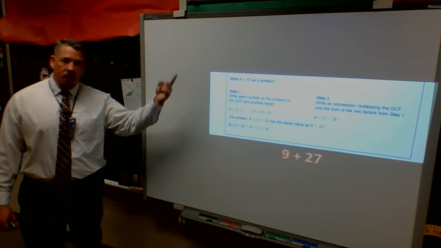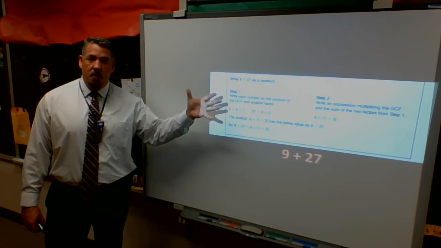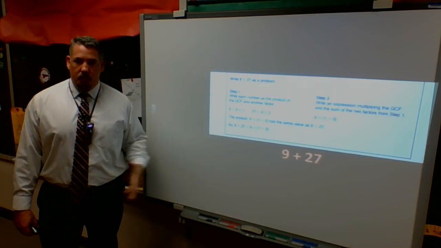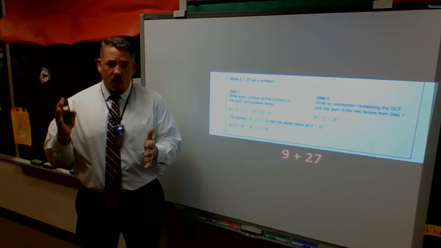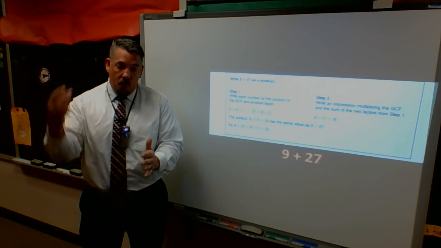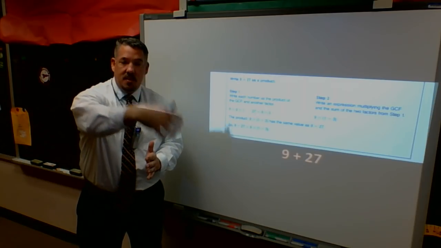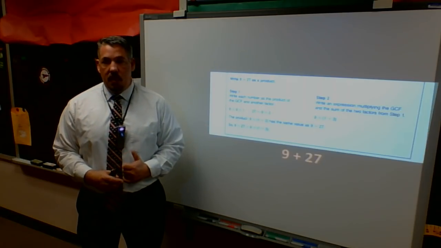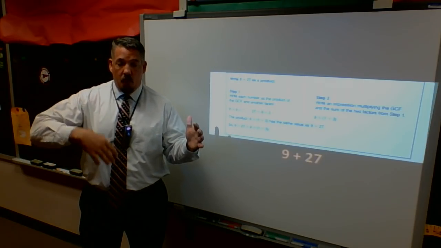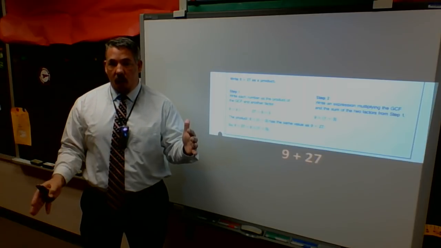Now, at the bottom of that page, it talks about and reminds us about the distributive property. The distributive property is when I'm either going to take a small number and multiply by 2 things that are inside parentheses, or when I have something like this where I have an addition problem, I'm going to take the greatest common factor out.